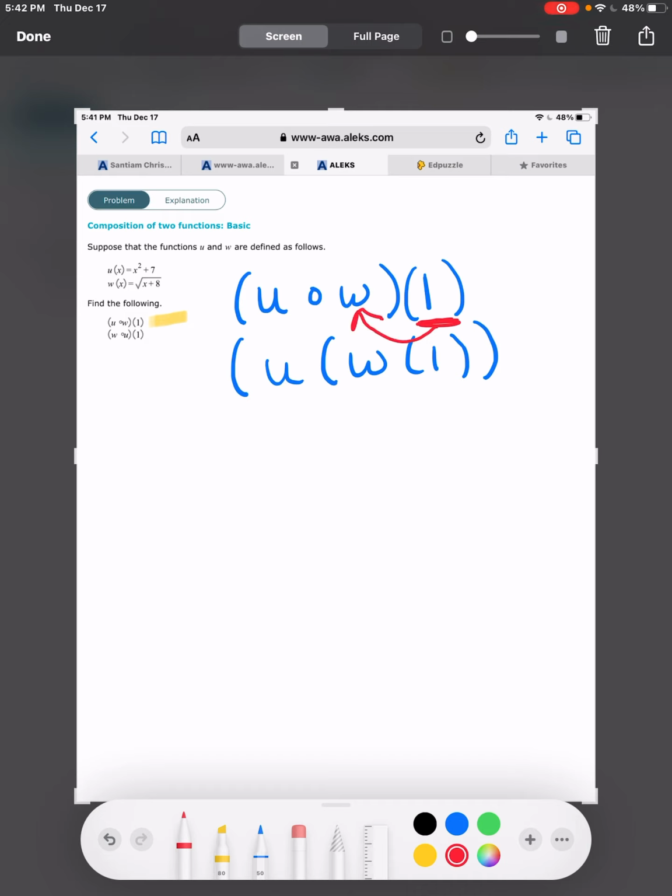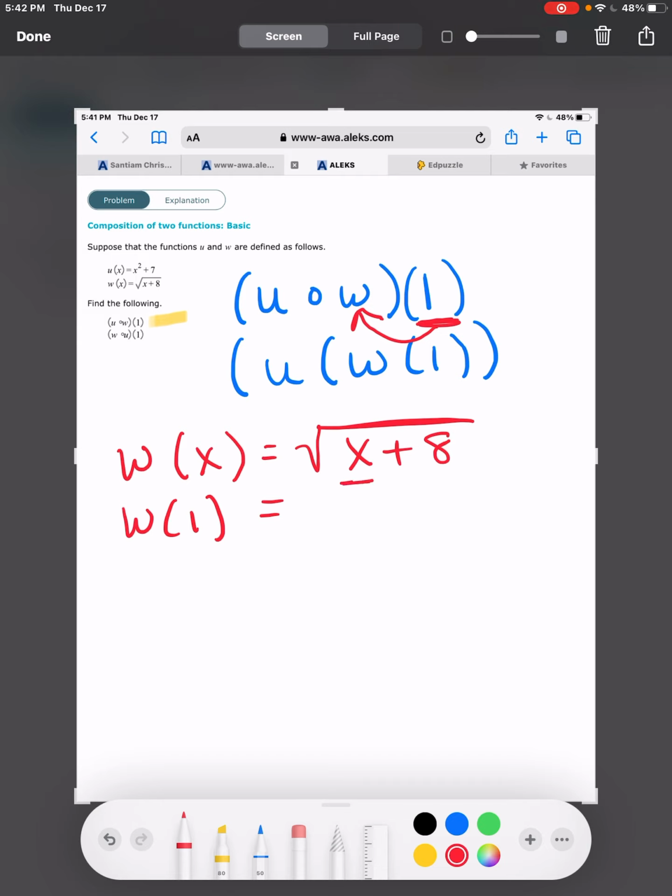So you've got to go find the w equation, and so w of x equals the square root of x plus 8, and we are going to take 1 and plug it in instead of this x right here. Those are just words, just ways of saying y equals.